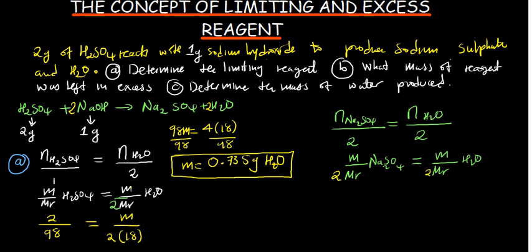So the mass of sodium sulfate you've been given is 1. So I'm going to say 1 over 2 molar mass. What's the molar mass of sodium sulfate that we found?